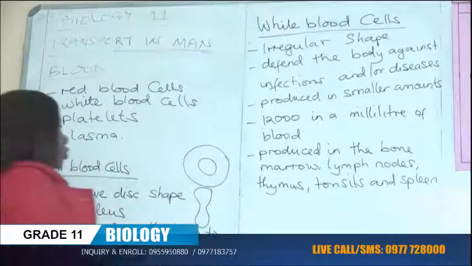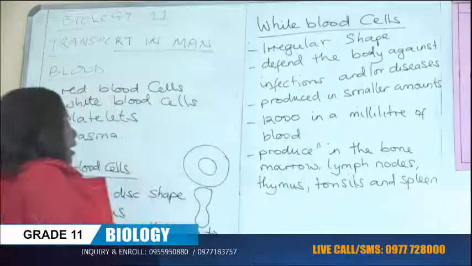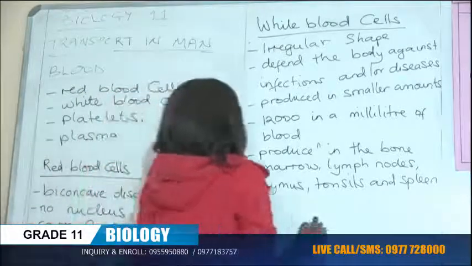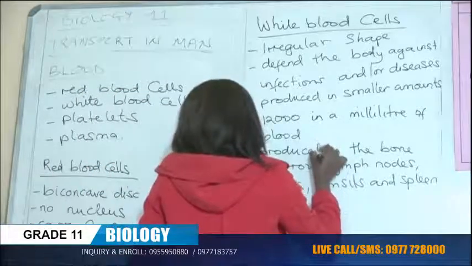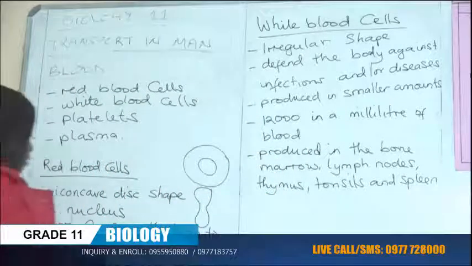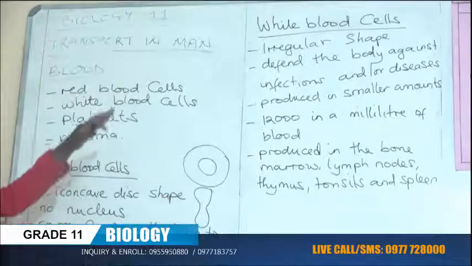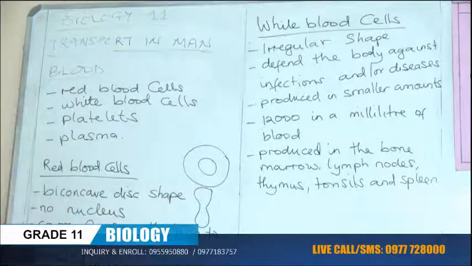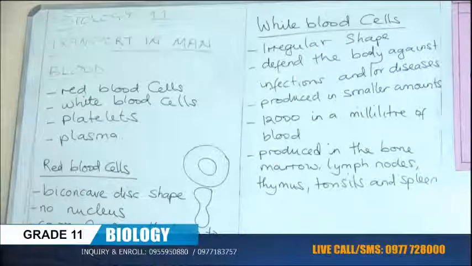So for white blood cells, they are not only produced in the red marrow, others are produced in the lymph nodes, the thymus, the tonsils, and also in the spleen. Okay? So these are characteristics of white blood cells. They are irregular shaped, they defend the body against infections or diseases, they are produced in smaller amounts as compared to red blood cells. About 12,000 to 15,000 are found in a milliliter of blood. They are produced in the bone marrow, the lymph nodes, the thymus, tonsils, and the spleen.